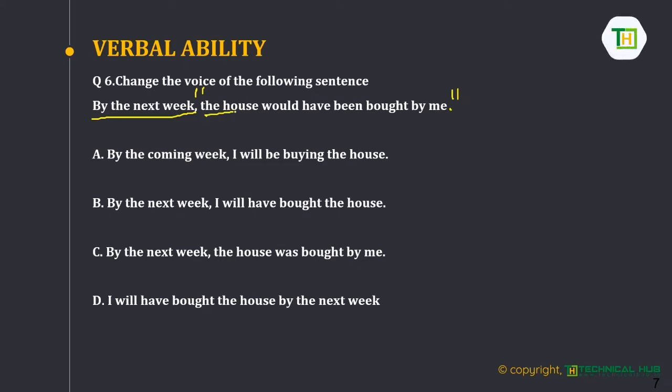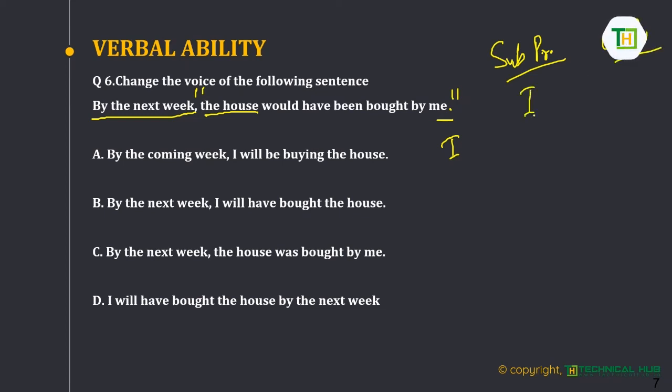The house would go to last, and me should come first. Me, when you convert this into active voice, will become I. So I just want to tell you, remember properly: subjective pronouns, then objective pronouns.